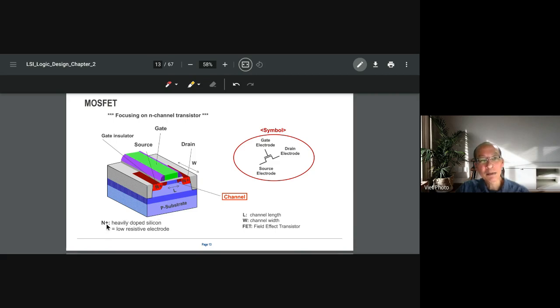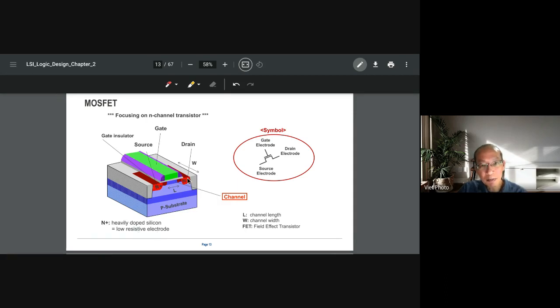This one is said to be N plus, a low resistive electrode. Not okay, this one is okay. I think it's not really your focus here, but I need to explain a little bit. The N plus here means the N type is doped more than normal, but it's not really a low resistive electrode.